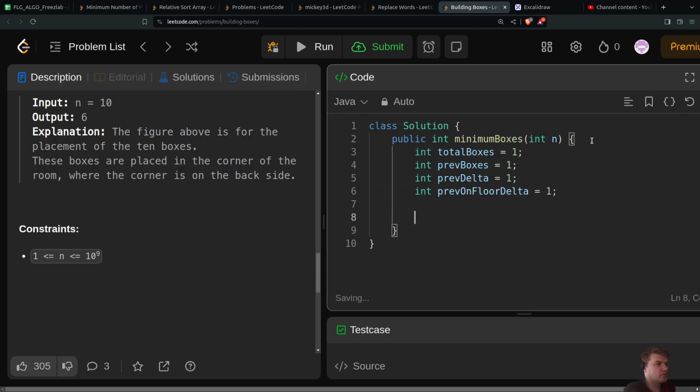So now what I'll do, while total boxes less or equal n, I'll do the following.